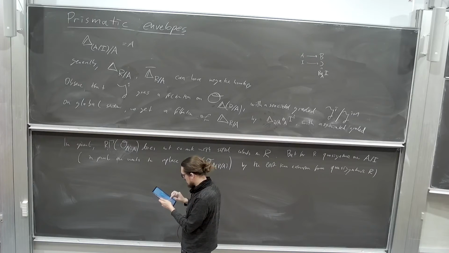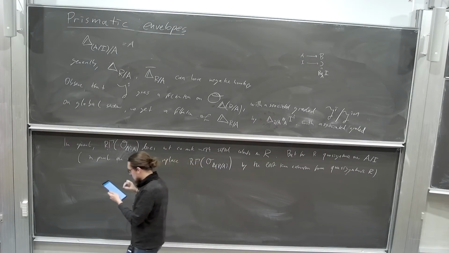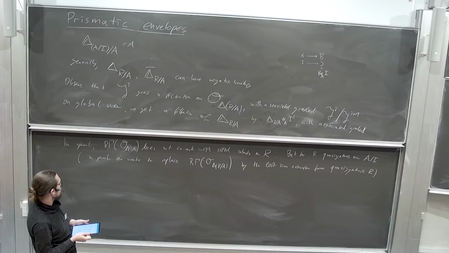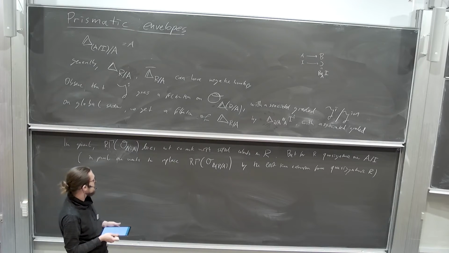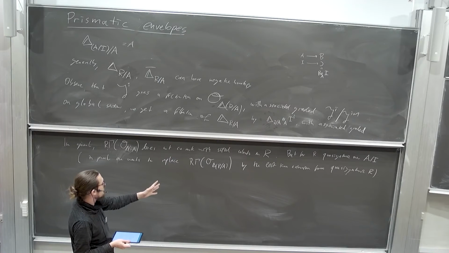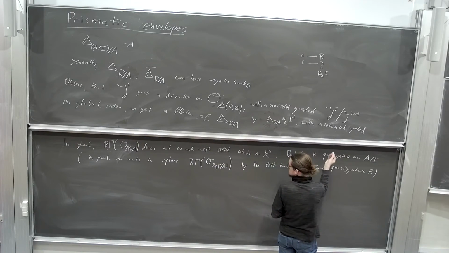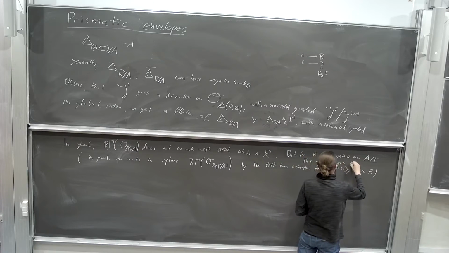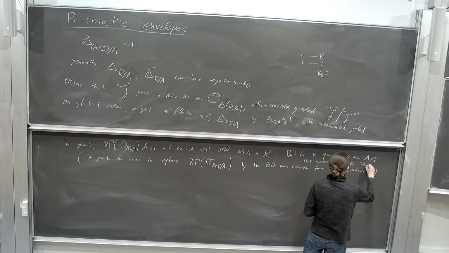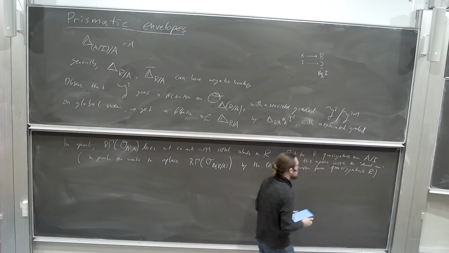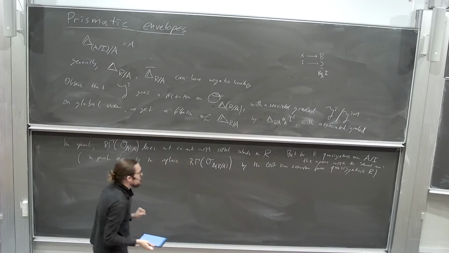I just didn't want to say anything wrong. One wants to replace by the left Kan extension from quasi-syntomic R. But for R quasi-syntomic over A/I, this agrees with the derived version, the one where I restrict to smooth guys and left Kan extend from there.